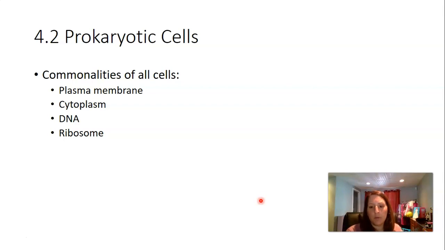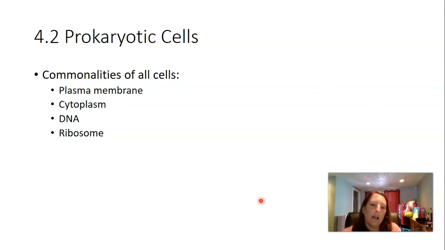So prokaryotes tend to have one circular double-stranded piece of DNA or chromosome, where eukaryotic organisms tend to have multiple double-stranded linear chromosomes. Okay, so there is a difference there, but what is shared is that all organisms have DNA, and that DNA is always double-stranded.